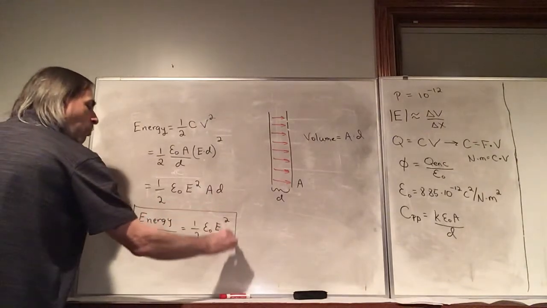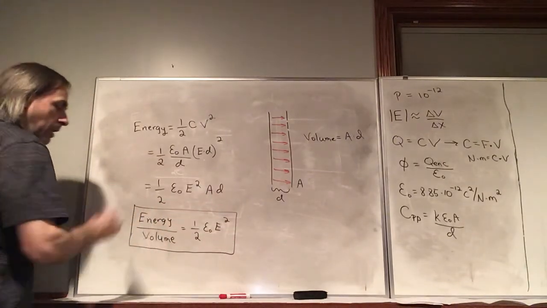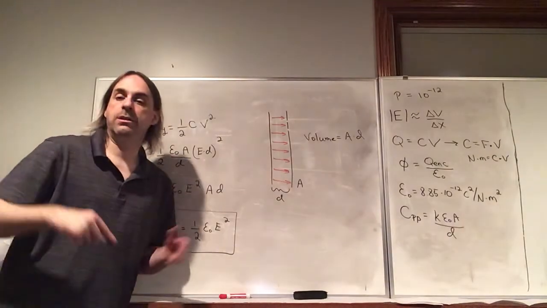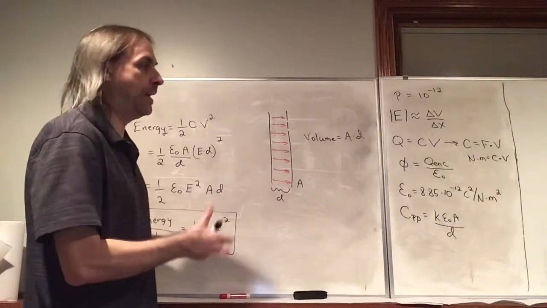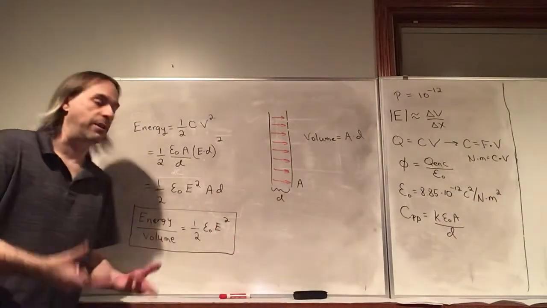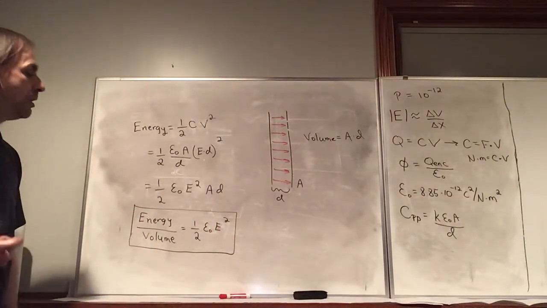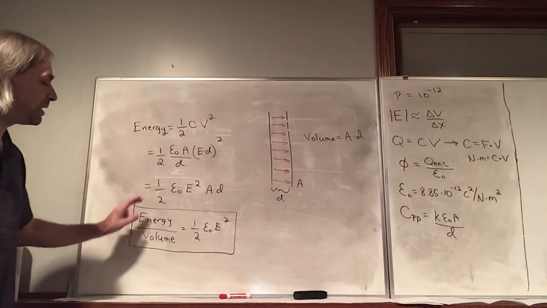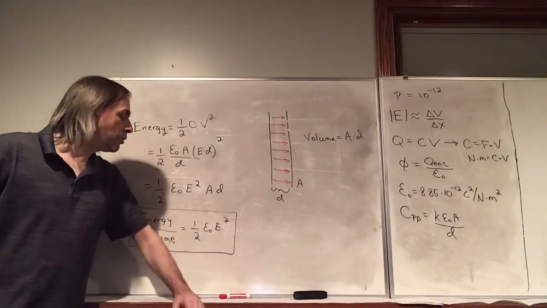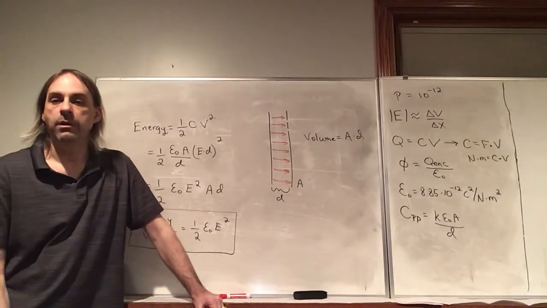So this is an important result. This is called the energy density, the energy divided by the volume. For a given volume, we can see how much energy was in that volume, and we can see that the energy density is proportional to the electric field squared.